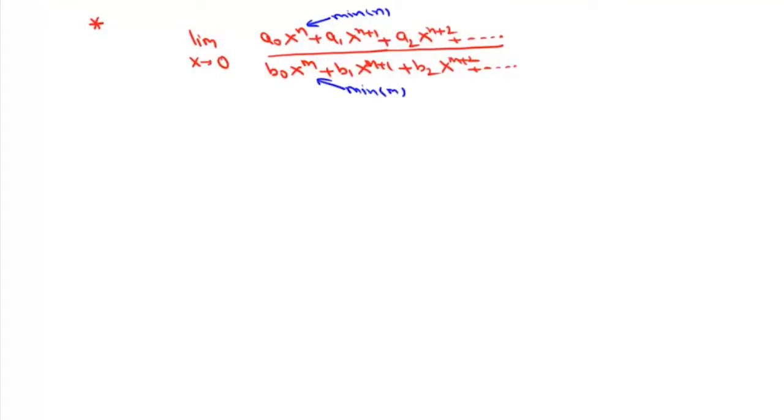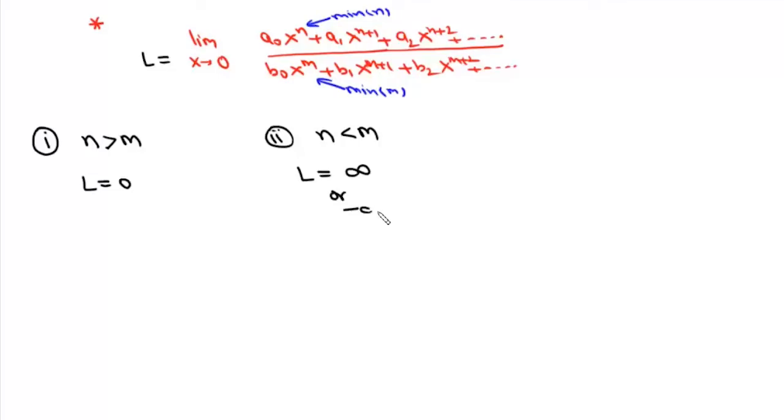Now here we have three cases. Case 1: when the minimum power of x in the numerator is greater than the minimum power of x in the denominator, then in that case the value of this limit will be 0. And if n is less than m, that is the minimum power of x in the numerator is less than the minimum power of x in the denominator, then the value of this limit will be either plus infinite or minus infinite depending on these coefficients.